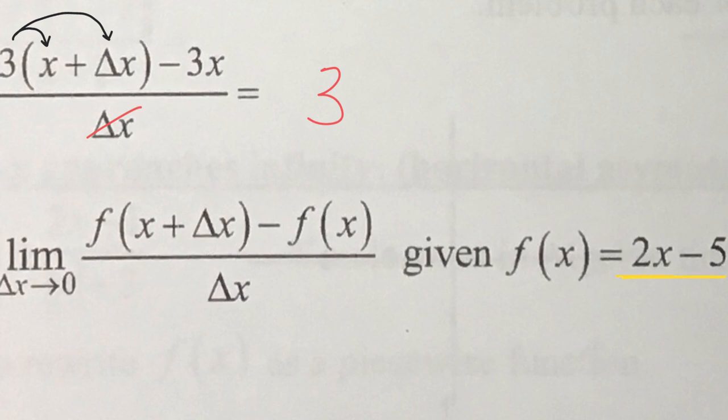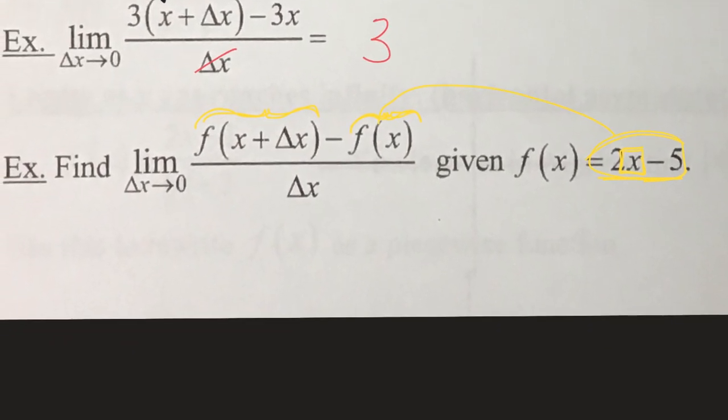So everywhere we see an f, we're going to put 2x minus 5, and here we're going to replace our x value with x plus delta x. So the first thing to do is understand that this is functional notation, and this is our function that we're trying to evaluate.